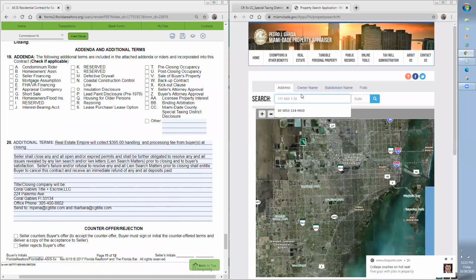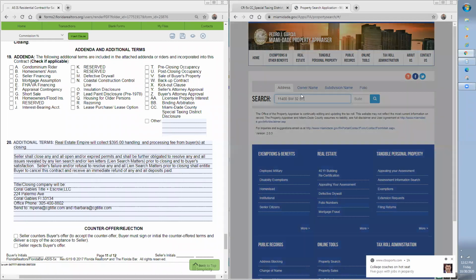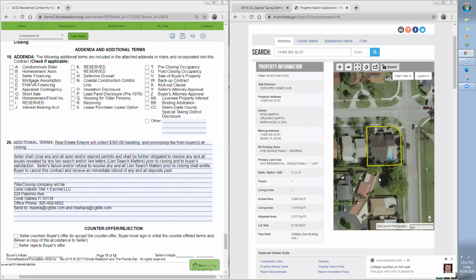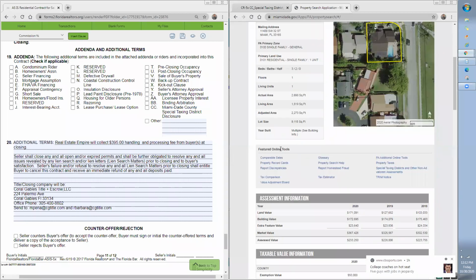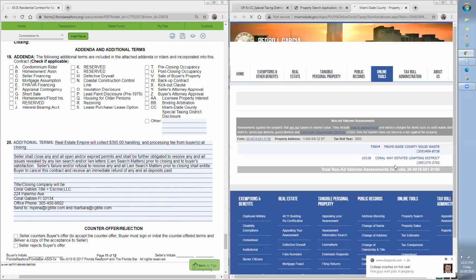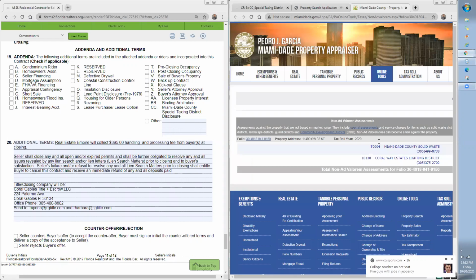All right, here's the property search of that property that I did. If you come down here to where it says featured online tools, you'll see one that says special taxing district and other non-ad valorem tax assessments. If you click on that, it'll tell you what the special taxes are in that community.